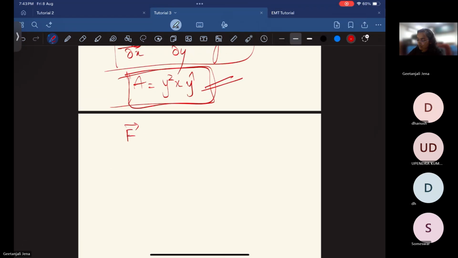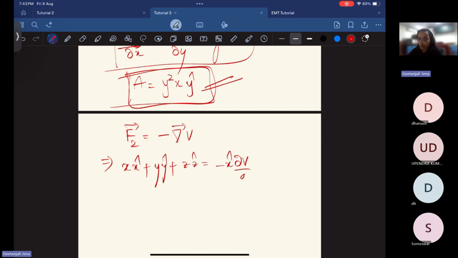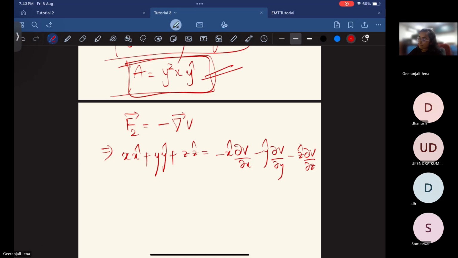You know F, you need to find out what is V. F is given, so this is x cap plus y cap plus z cap, which is minus x cap ∂V/∂x minus y cap ∂V/∂y minus z cap ∂V/∂z. So ∂V/∂x is minus x, ∂V/∂y is minus y, ∂V/∂z is minus z.